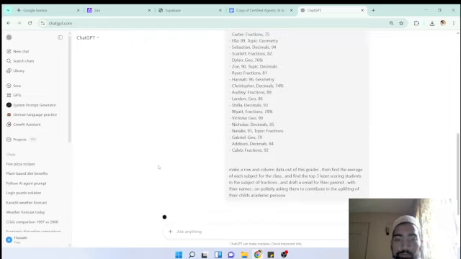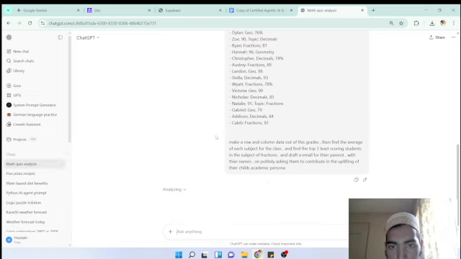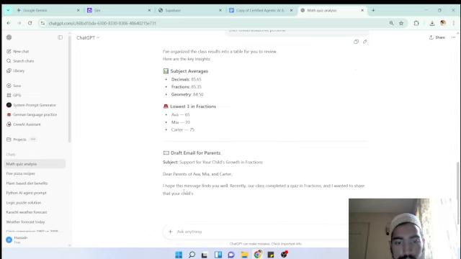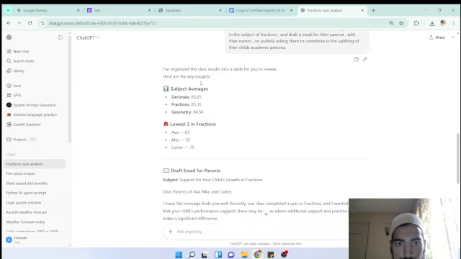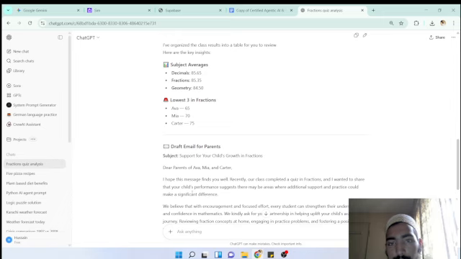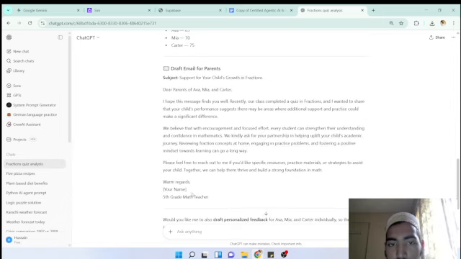Okay, so the AI has done the second and third tasks, which are getting the averages and the lowest 3, but you see that it hasn't made different emails for each of the parents, dear parents of Ava, Mia and Carter.